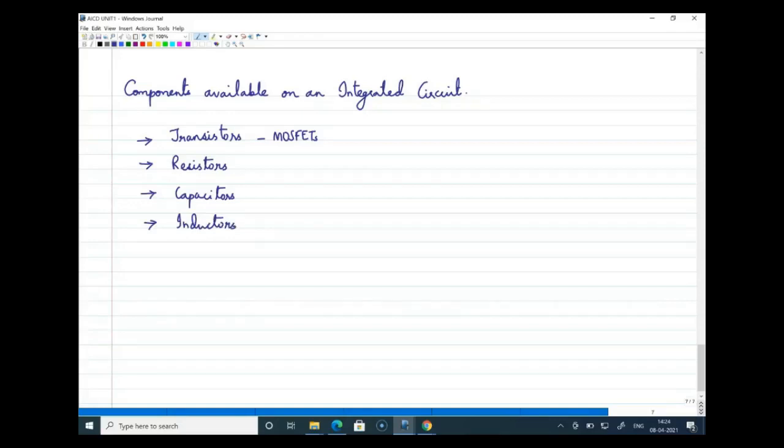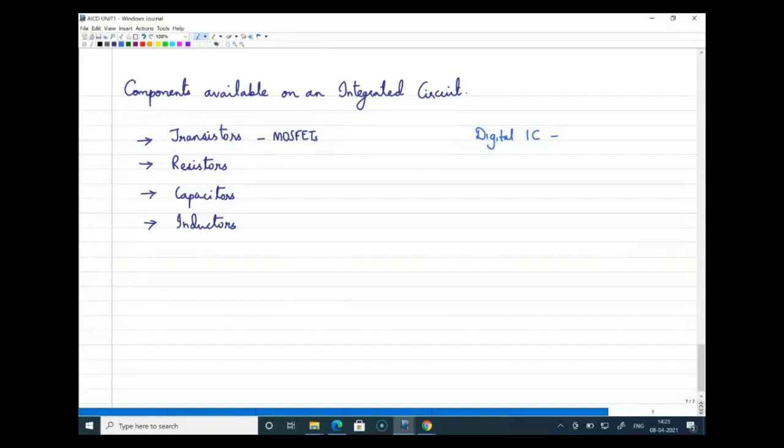I have written these components, starting from transistors, resistors, capacitors, and inductors, just to give you one way to classify and understand different types of ICs. When you look at a digital IC, you will probably remember what you learned in your ADDC course last semester.